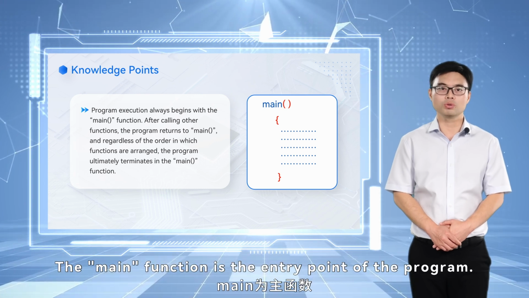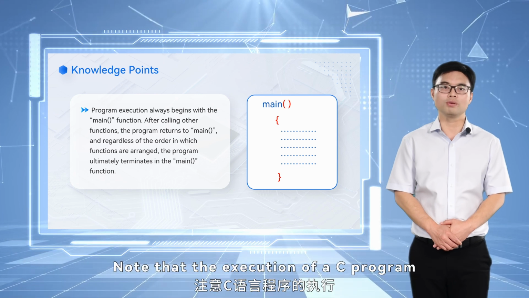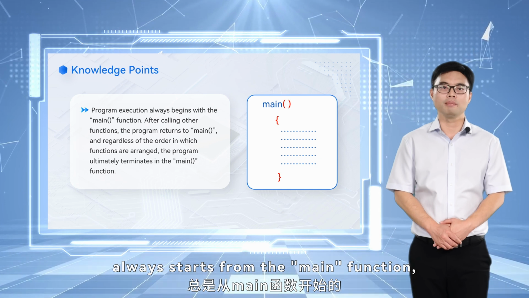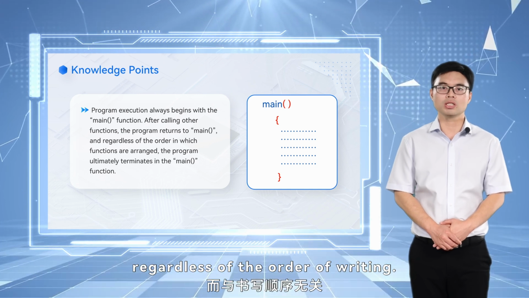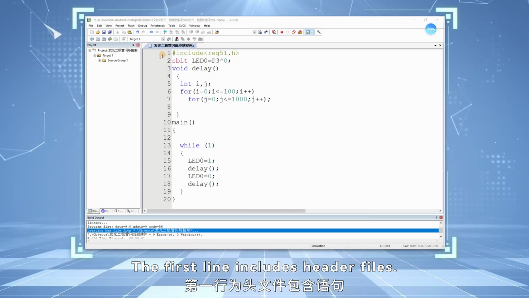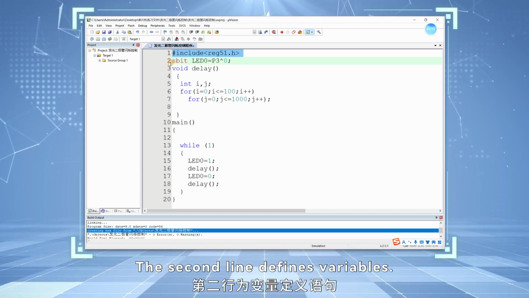The main function is the entry point of the program. Note that the execution of a C program always starts from the main function, regardless of the order of writing. The first line includes header files. The second line defines variables.